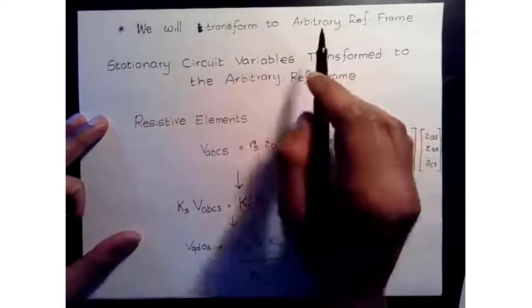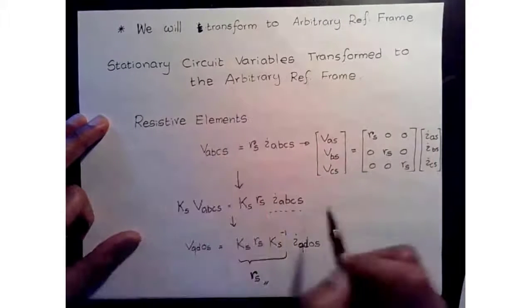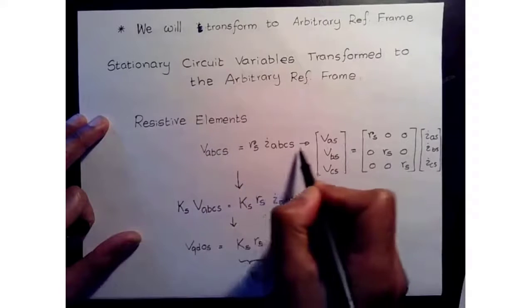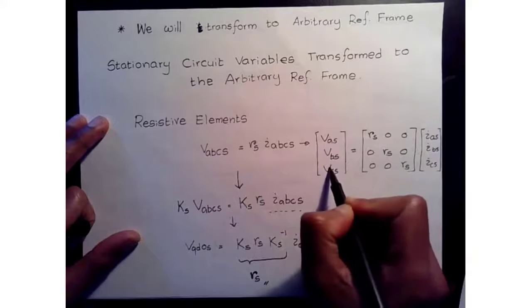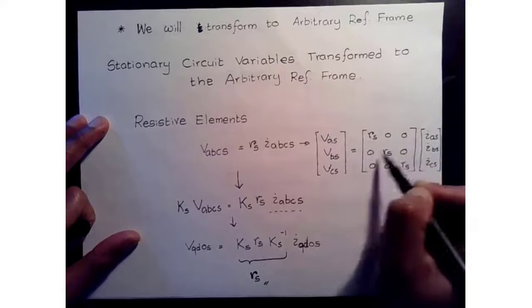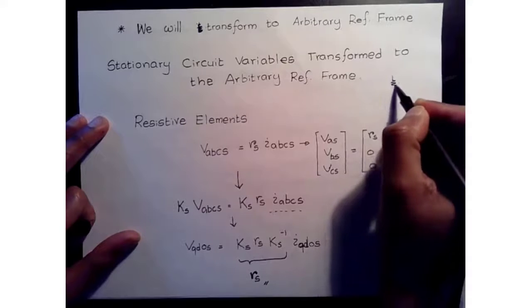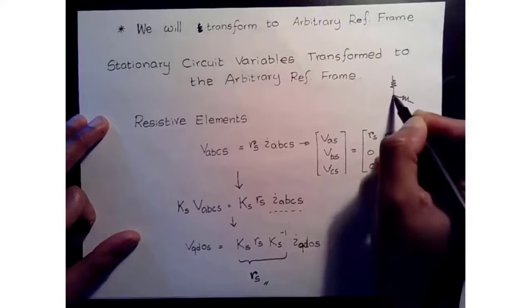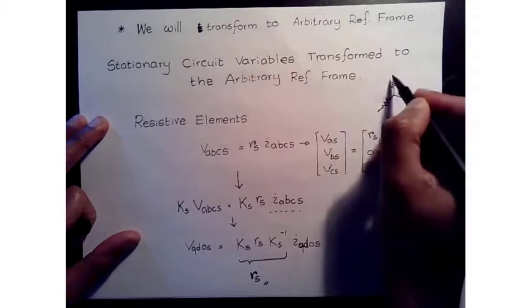variables. We can transform variables such as resistive elements. Okay, resistive elements. We are looking at this very simple relationship. We have VAS, VBS, VCS, and then we have 3 resistive circuits. So if you want to visualize that, it would be something like this. Right? So you have a three-phase system, can be a delta.